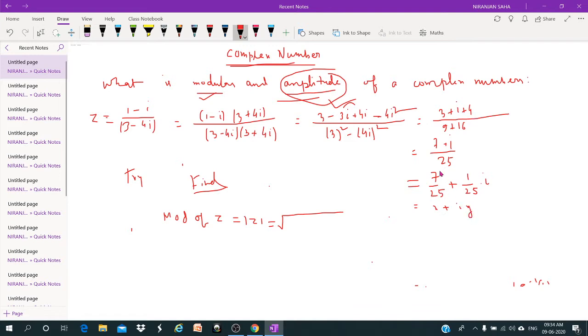So x is equal to 7 upon 25, so this will be 7 upon 25 whole square, plus 1 upon 25 whole square.